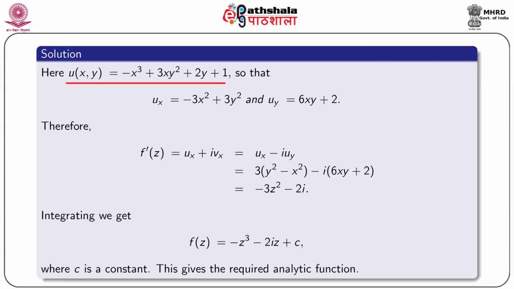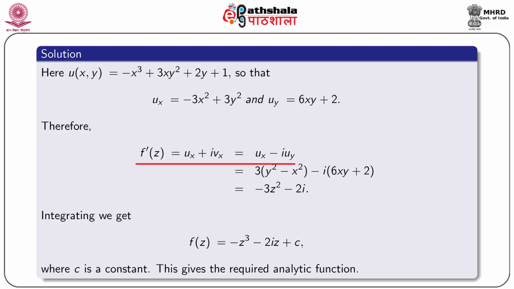So here u is equal to -x³ + 3xy² + 2y + 1. So differentiating this with respect to x and y partially respectively, we get ∂u/∂x is equal to -3x² + 3y² and ∂u/∂y equal to 6xy + 2.